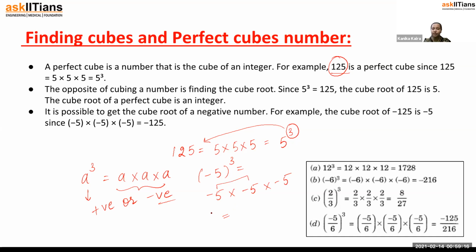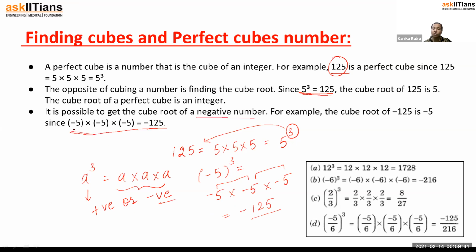This would be minus 5 into minus 5 is plus 25, and plus 25 into minus 5 would be minus 125. So what we have learned in this case is, for a positive integer, the cube is always positive. And if we talk about a negative number, the cube is always negative.